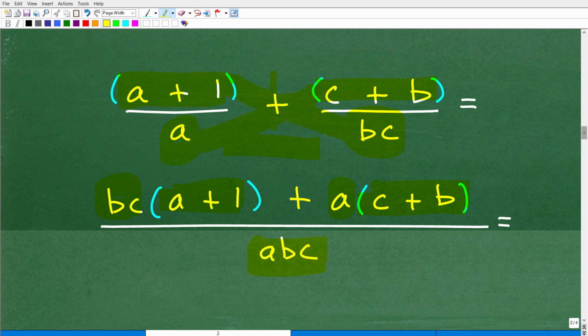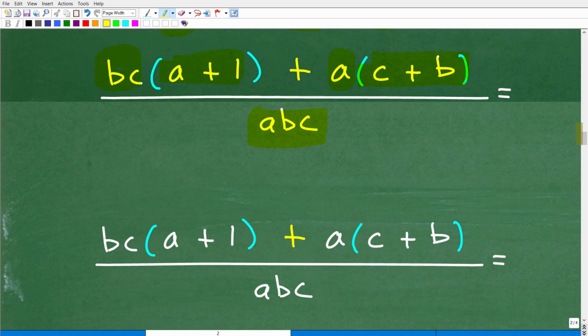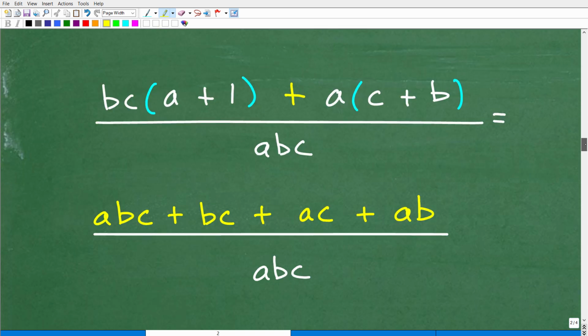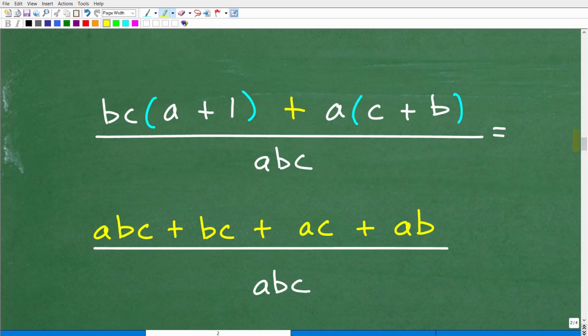Let's go ahead and simplify this now. I'm going to use the distributive property. I pre-write these templates and try to be neat about it so we can focus on what we need to do. So let's distribute the bc to the a. bc times a is b times c times a, or abc.